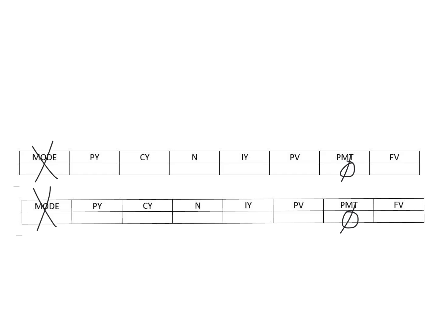Recall that our interest rate was 6%, and it is compounded monthly, and again, still our payments per year are only the compounded interest that is placed in the account. So our CY and PY are the same, and they're compounded monthly, so that is 12.